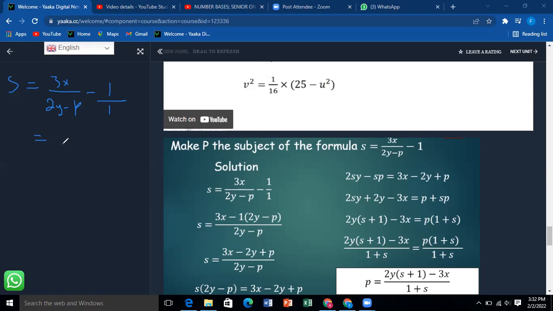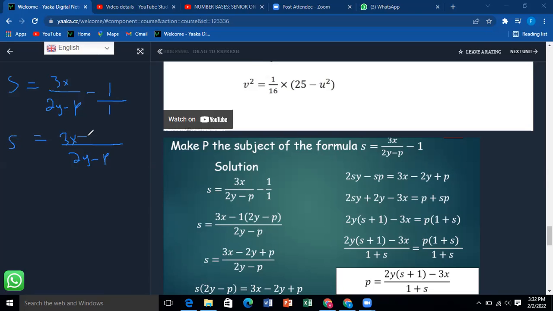So that we first find the LCM, which is 2y minus P, and that is equated to S. So we get 2y minus P divided by 2y minus P, and that will give us a 1 times 3x. So that will give minus 3x.